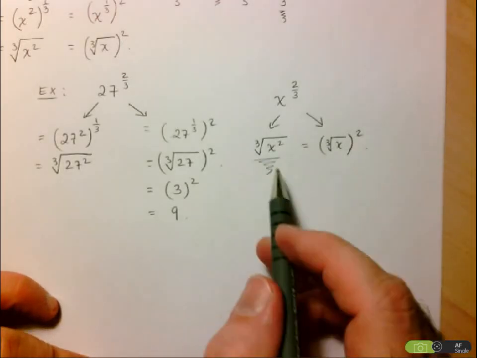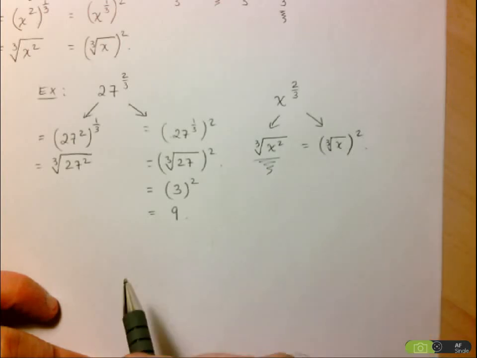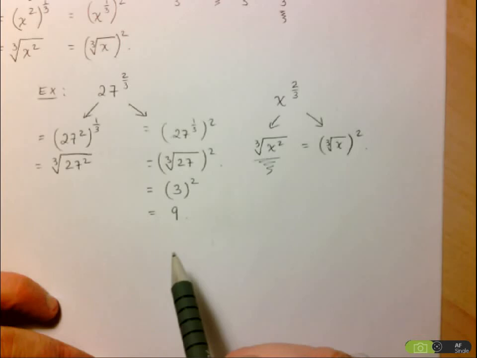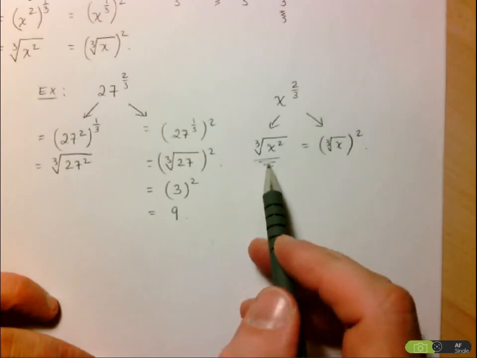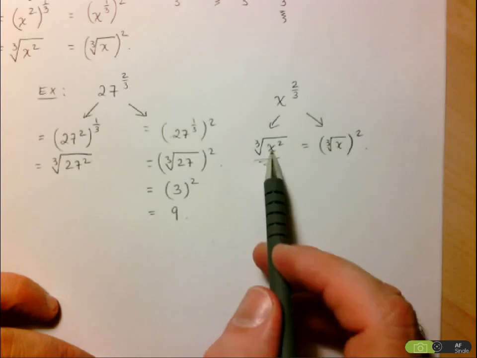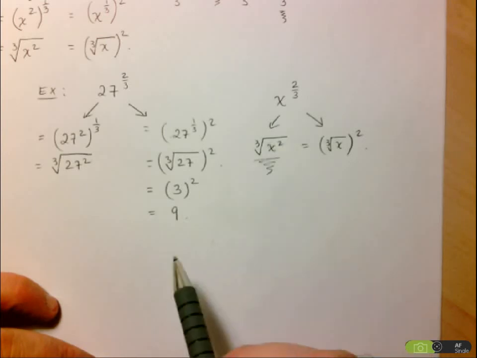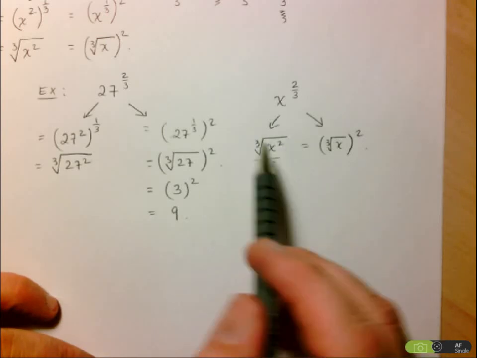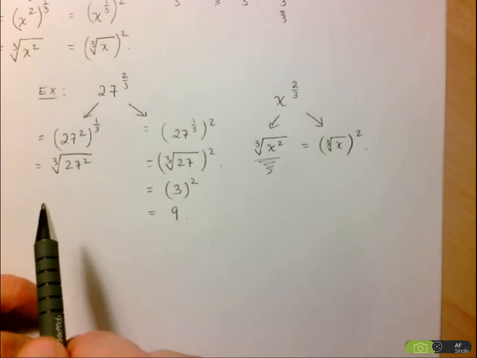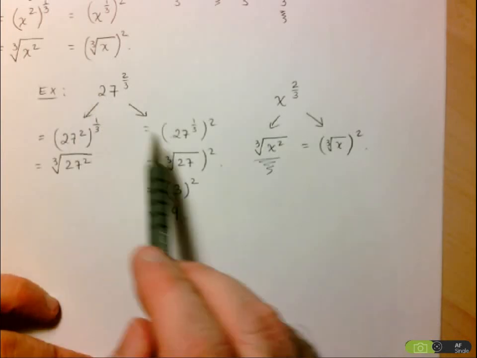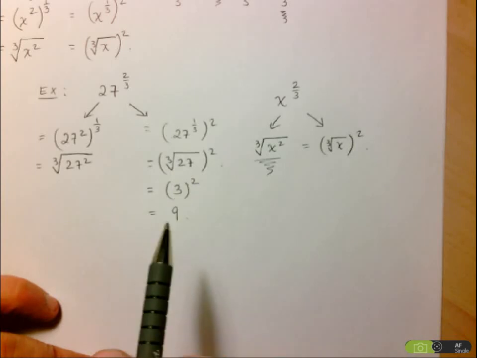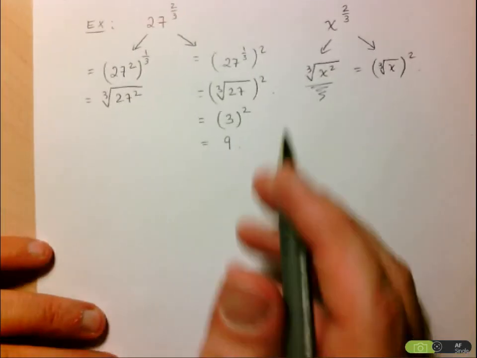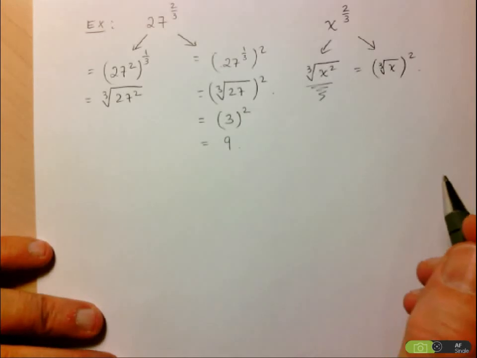It avoids us having to use these brackets around it. So when we're just writing out an expression that we're not going to be simplifying, we tend to choose the version where first we're taking the positive integer exponent, then the root. However, when we're actually evaluating one of these expressions, we tend to first take the root and then the positive integer exponent. So you should take this note down following what we had last time.